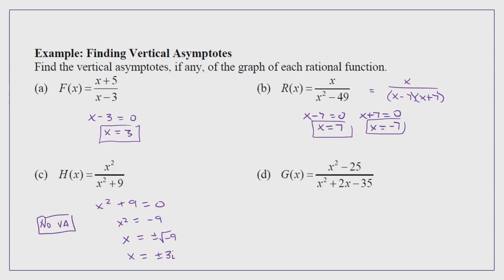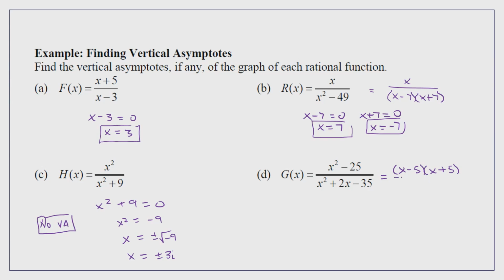So in order to determine whether this function is written in lowest terms, we're going to need to factor both the numerator and denominator. So the numerator, x squared minus 25, is the difference of two squares. So we will have x minus 5 and x plus 5 as our factored form.